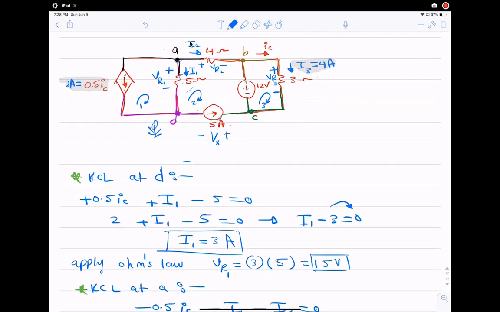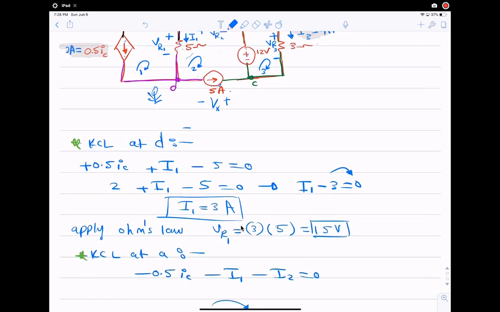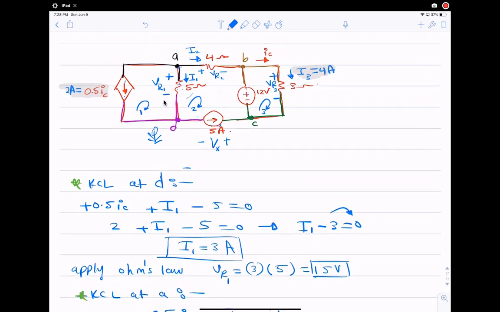Now right away, when I know I1, I would go and find VR1. So I1 equals 3 ampere, VR1 equals 3 times 5, which is 15 volt. Okay, now we found VR1 and I1. What do we do? I know the current here.